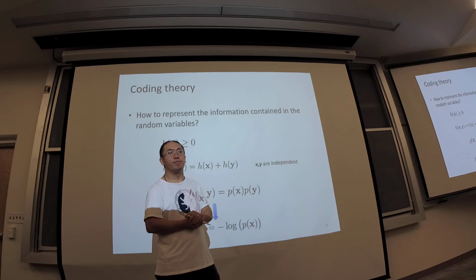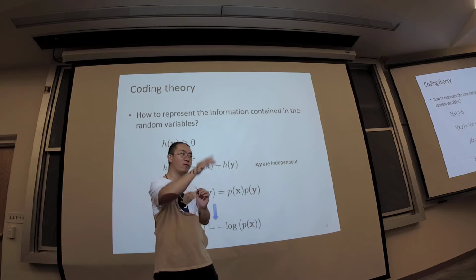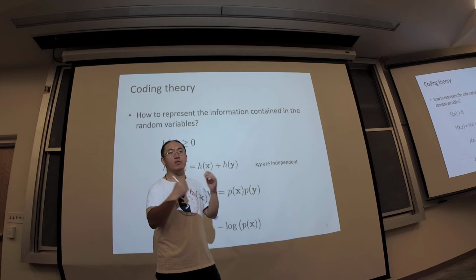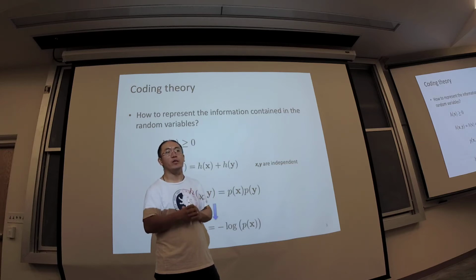What's the goal of this design? There are a lot of goals, a lot of usage. You have a random variable, and obviously there is some information associated with it. But if you want to study it, you must give a quantitative analysis. You must come up with a function which can measure this.